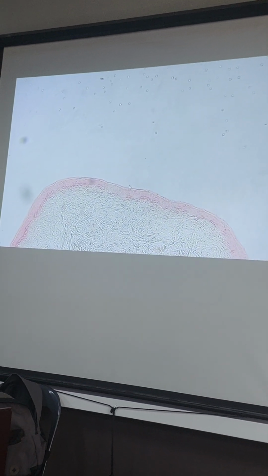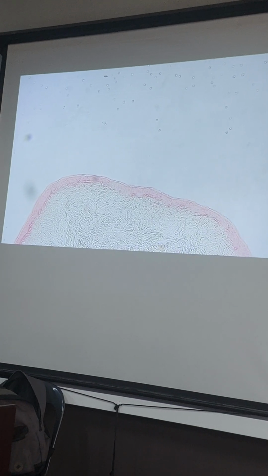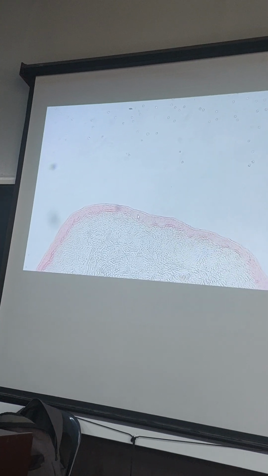If this was an empty urinary bladder, you would see more of the dome-shaped cells. But what's happening is urine is pushing up against it, so the epithelium looks a little thinner. You don't see the dome cells. Let's compare it to the previous slide that I showed.